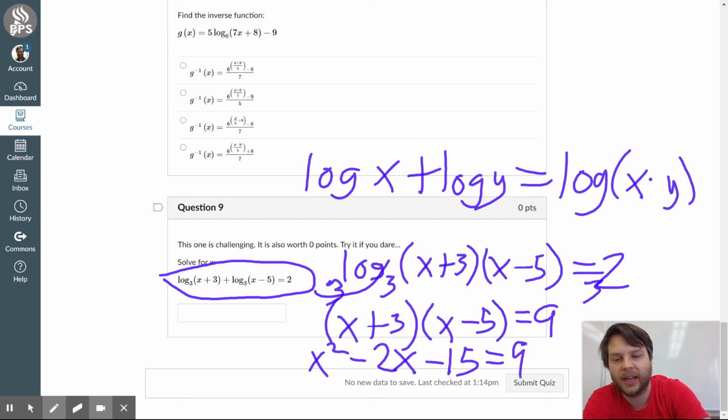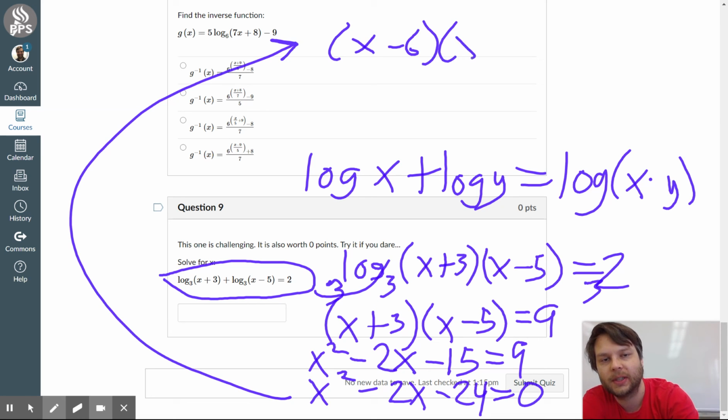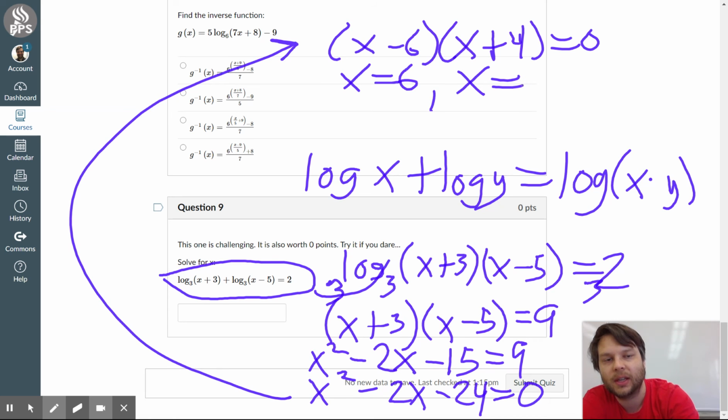And so if I want to zero that out, I have x squared minus 2x minus 24 is equal to 0. Just going to slide that up there just to finish this out. Factoring, x minus 6, x plus 4 equals 0. Tells me my two potential solutions are x equals 6 and x is equal to negative 4.